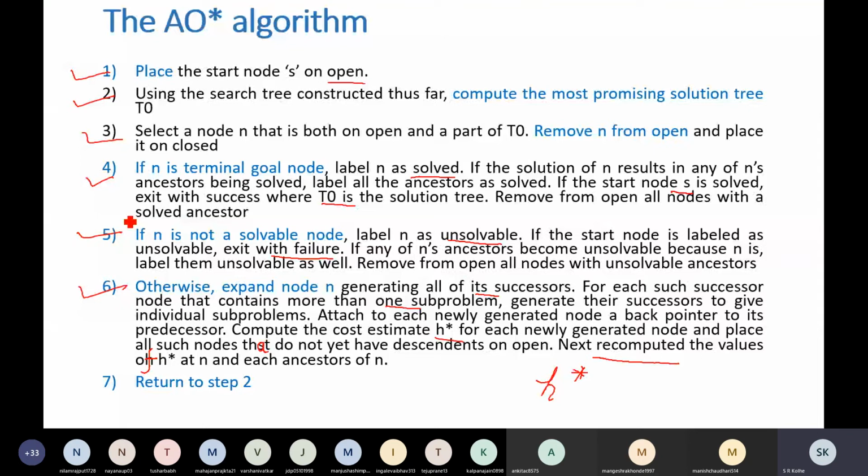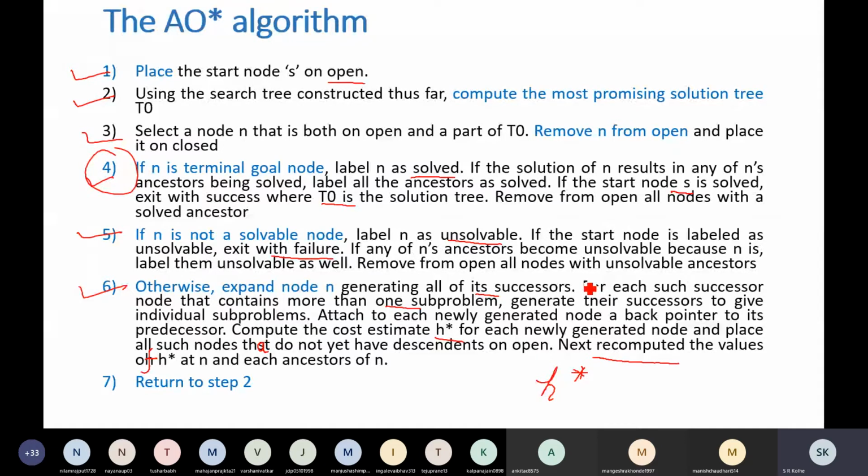So three major steps. When you are at node n, it can be a terminal goal node, or it can be an unsolvable node, or the third possibility is that it is an intermediate node. In each step you will have to specify what you are going to do. If it is a terminal node, in step 4 we have seen that you label it as solved, and if that node is solved, some of its ancestor nodes will become solved.